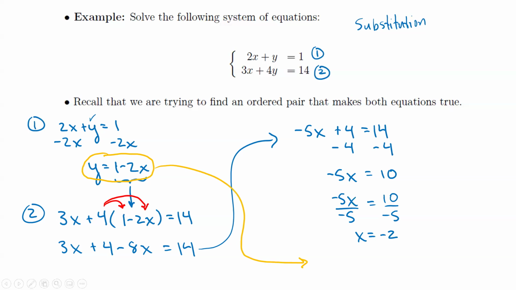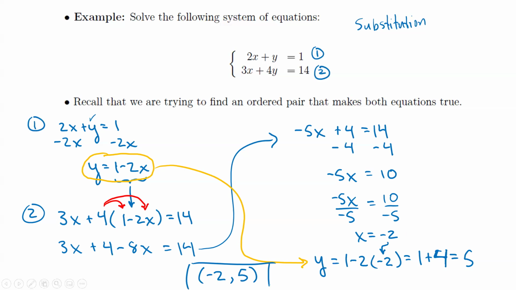So if you plug negative 2 back into that, you're going to quickly figure out what y is without much work. So 1 plus 4, sorry, that should be a 4, is equal to 5. So our solution here is negative 2 comma 5.